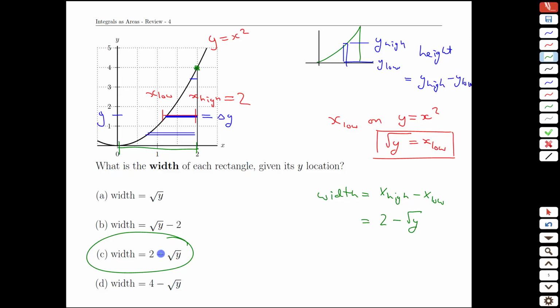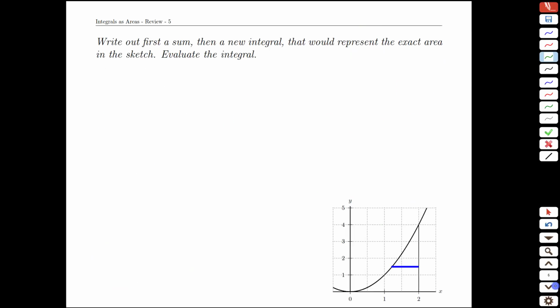With that, we're ready to build a new integral that represents this total area under the curve, just divided up or sliced up with this horizontal rectangle construction instead of vertical ones. Let's do that here. Our total area is going to equal adding up widths times heights.